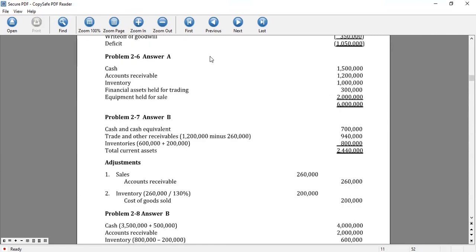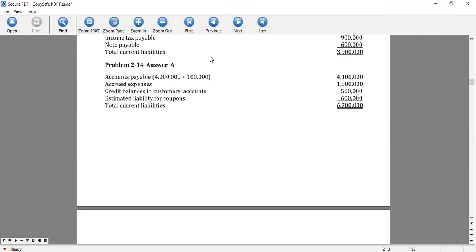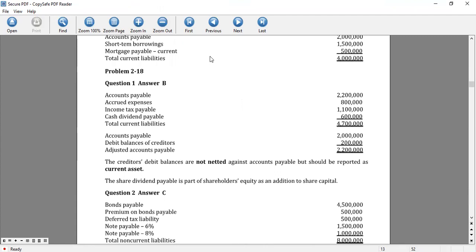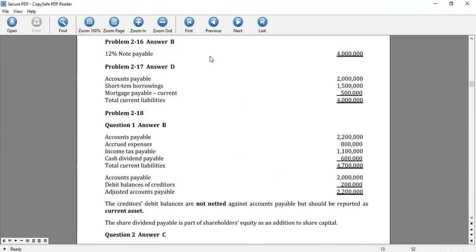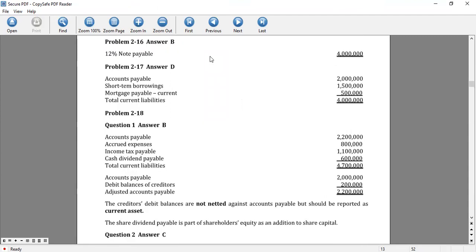We have 2-17. That's the multiple choice problem. Okay? So, the letter answer to 2-17 is D. Now, what's the requirement in 2-17?